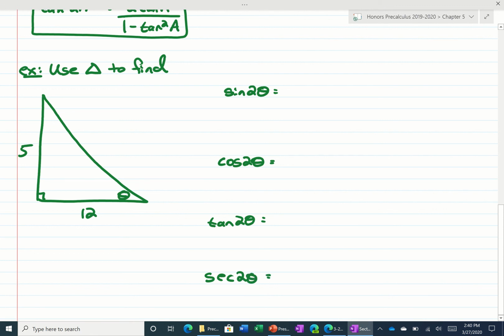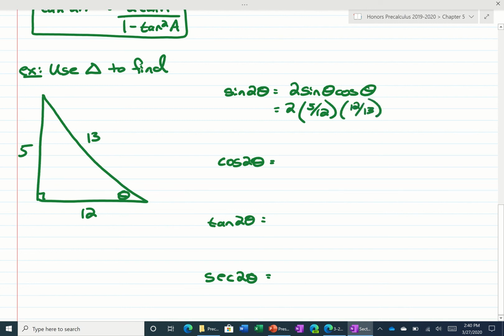Alright, so using our formulas, the sine of 2 theta would be 2 times the sine of theta cosine theta. Well, we need the hypotenuse. If we do Pythagorean theorem, we would get 13, or remember our special triangles would give us 5, 12, and 13.